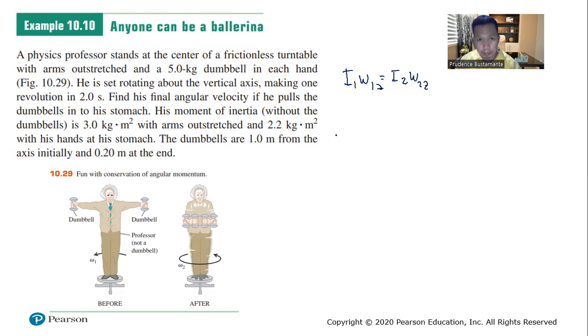In this example, we have the moment of inertia of the professor plus the moment of inertia of the dumbbells. The moment of inertia without the dumbbells is given, so we put this as I1, the initial.